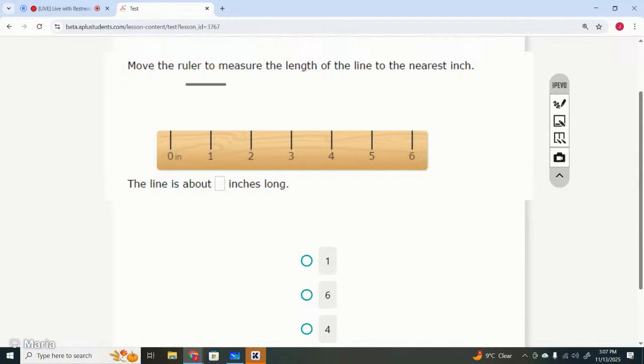That is 1 inch long. The correct option is 1 inch long. Option number 1 is the correct option.